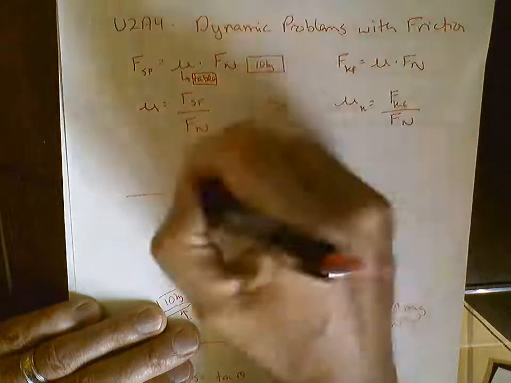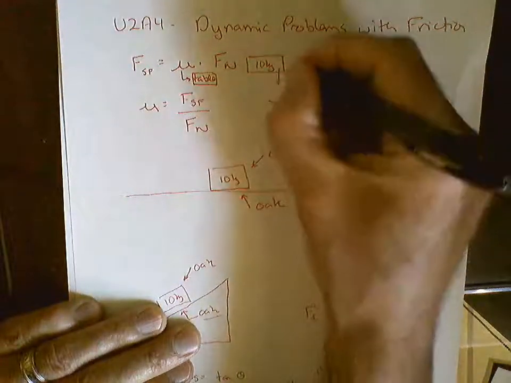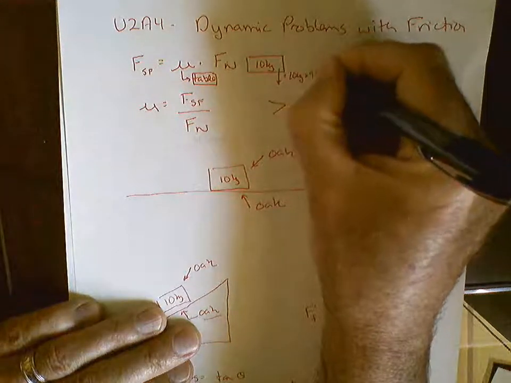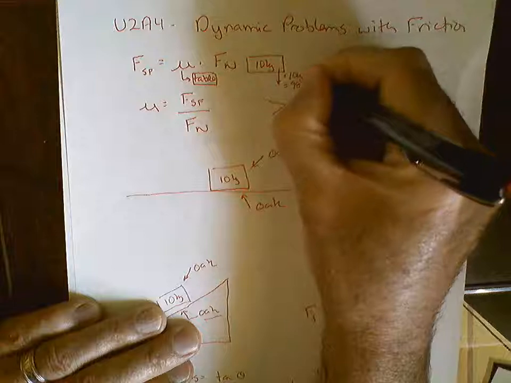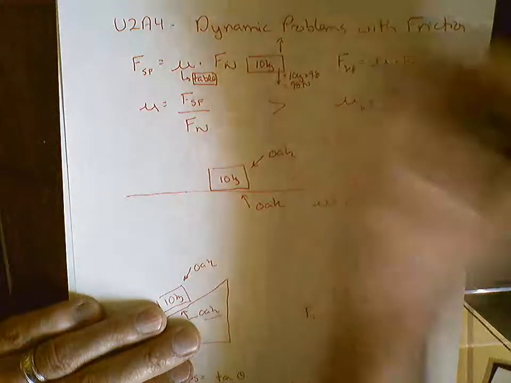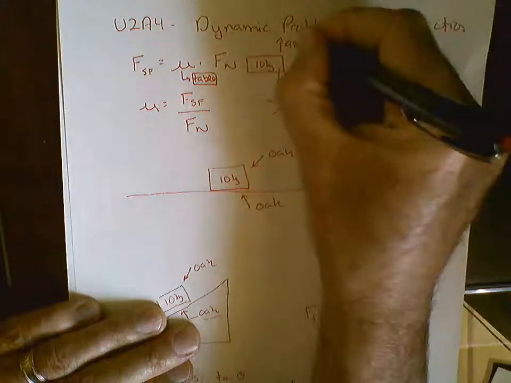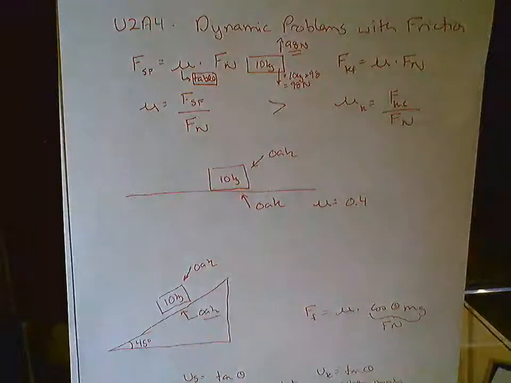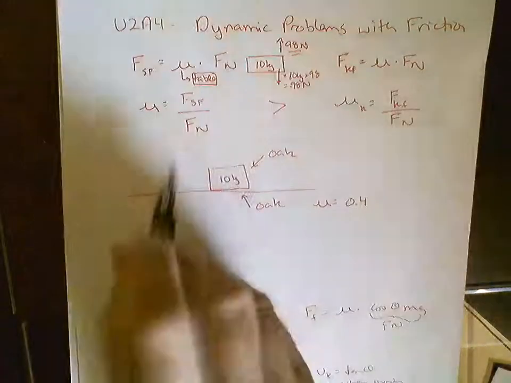If this is a 10 kilogram brick, we'd have a force of gravity of 10 kilograms times 9.8 equals 98 newtons. The normal force is equal and opposite to that. So if you can calculate gravitational force, you can get your normal force.